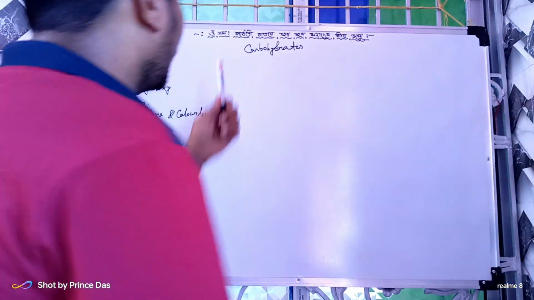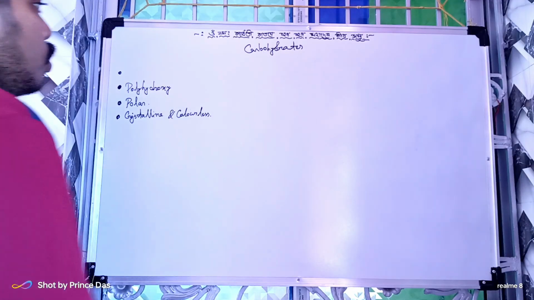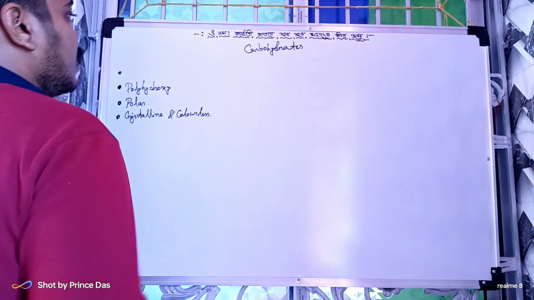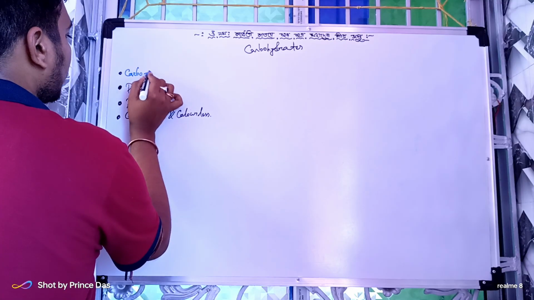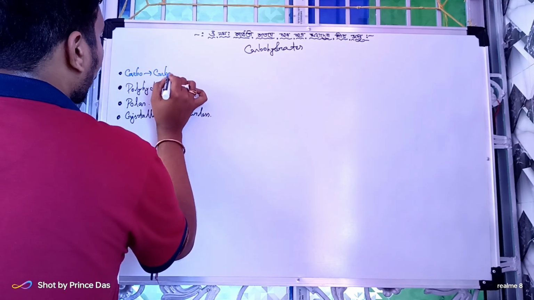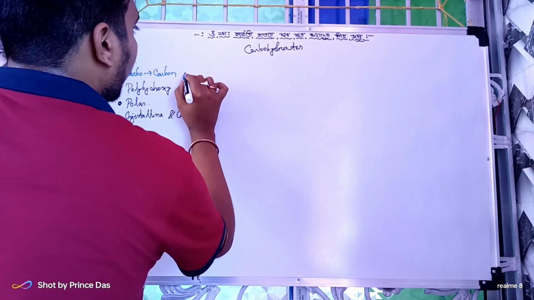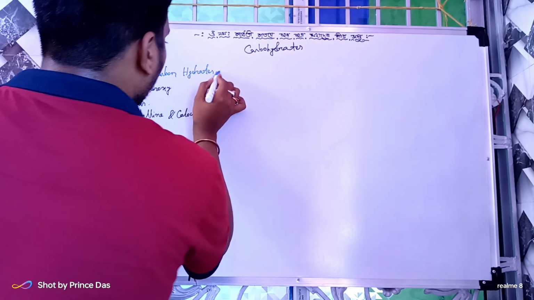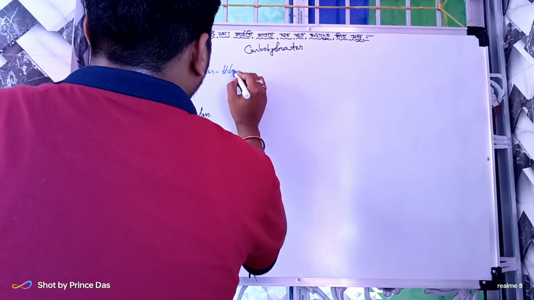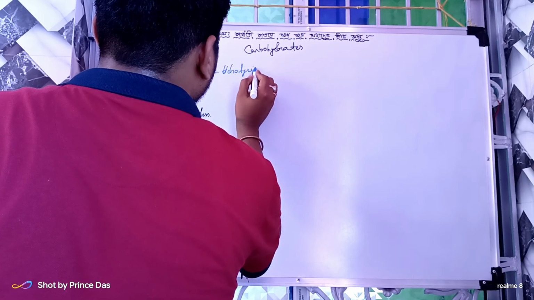So let's summarize carbohydrate. Carbohydrate means carbo, carbo means carbon containing, and hydrate means hydrolysis.